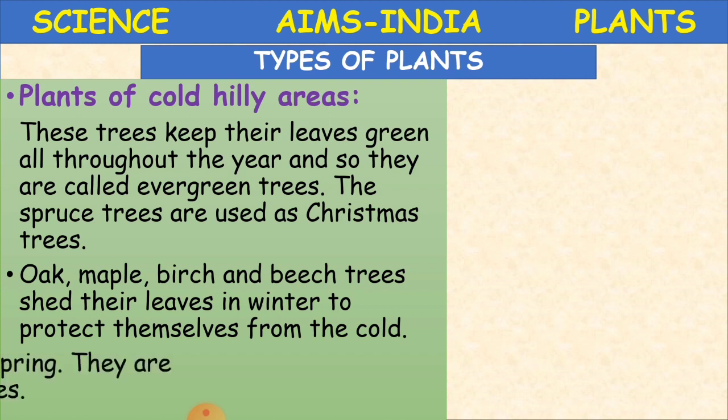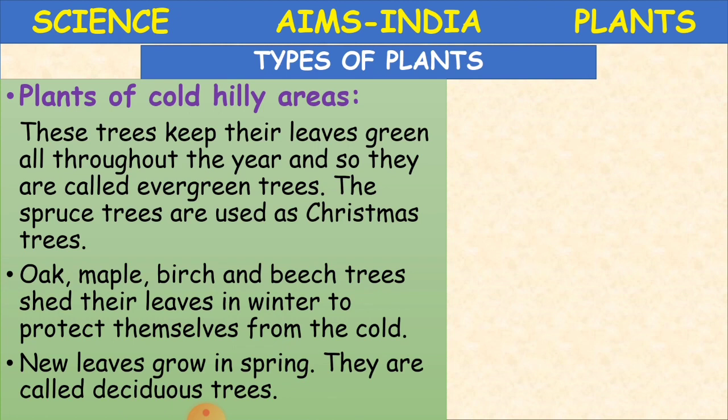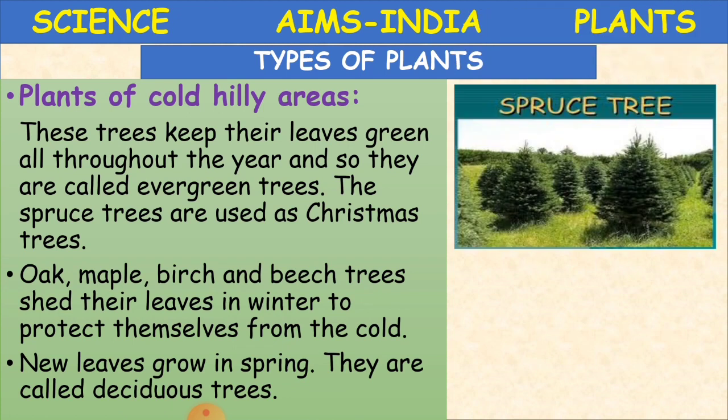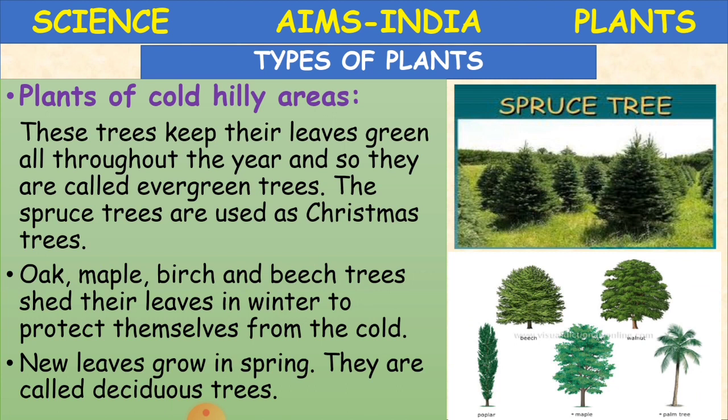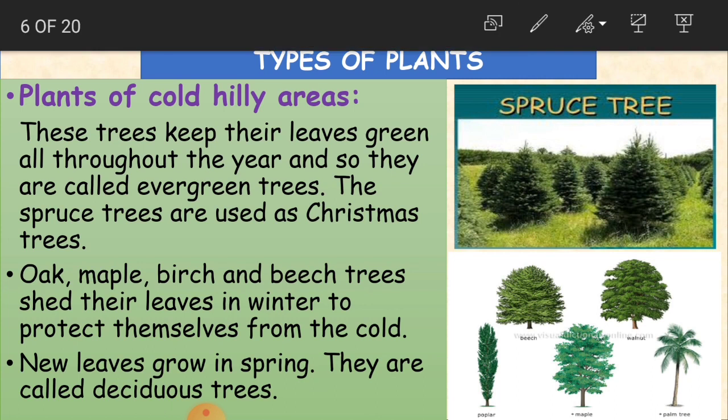One more speciality of these trees, like pine and fir trees growing in cold hilly areas, is that their leaves are green throughout the year. So that is why they are called evergreen trees. What are they called, children? Evergreen trees.